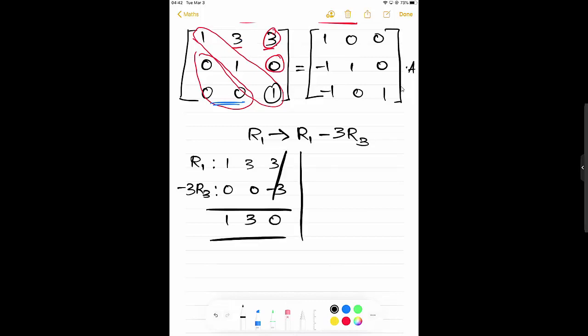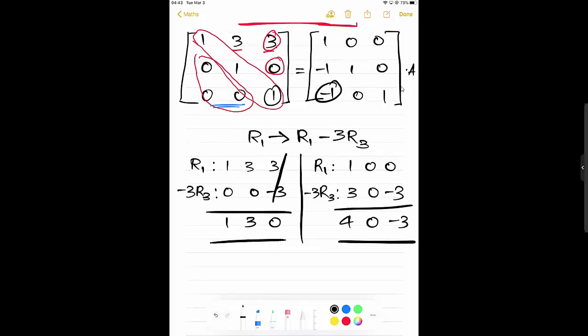So this is the expected value. Same rule for the identity side, R1 it is 1 0 0, then minus 3 R3. So minus into minus 1, it is plus 3, 0, then minus 3. When you subtract this, 4 0 minus 3.